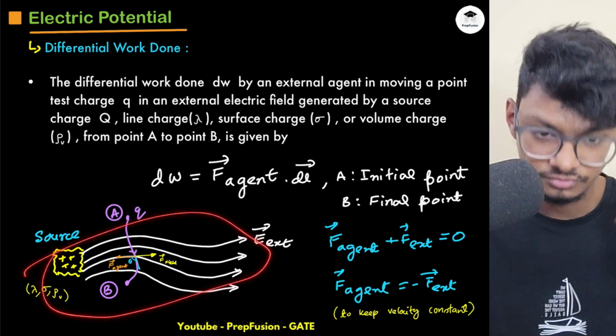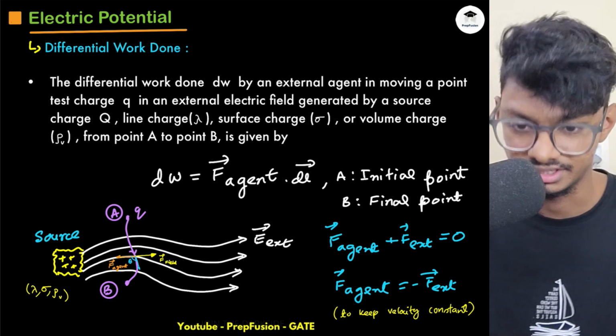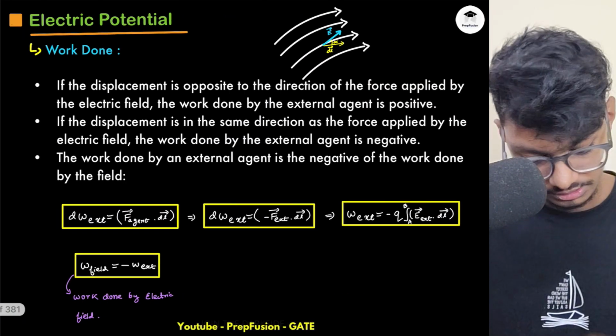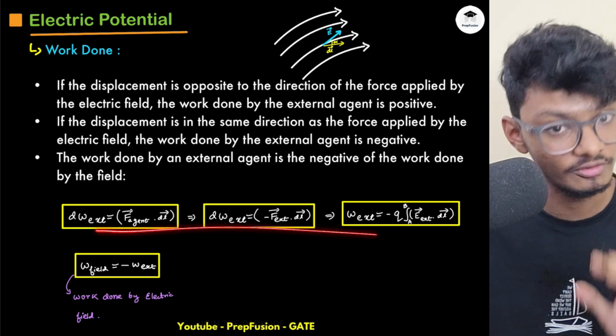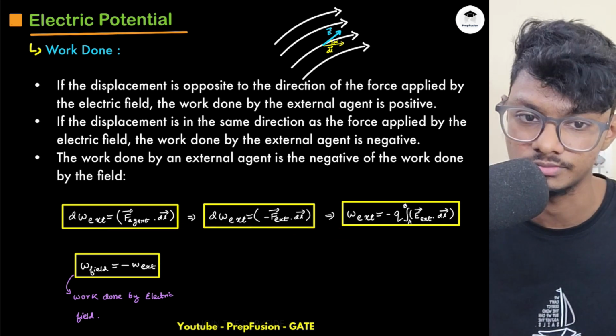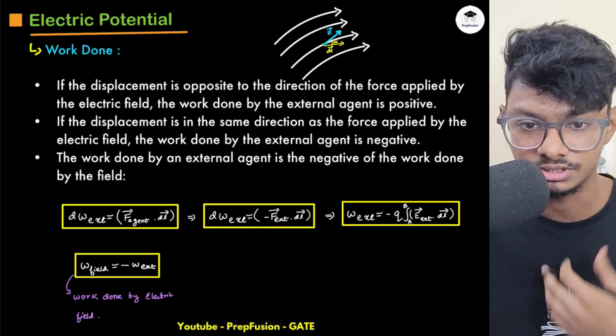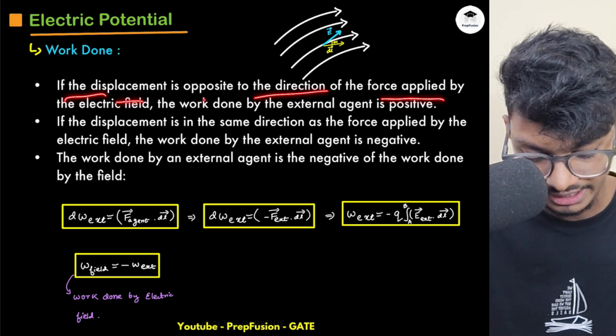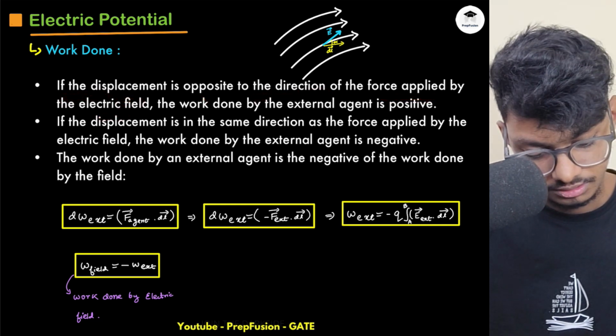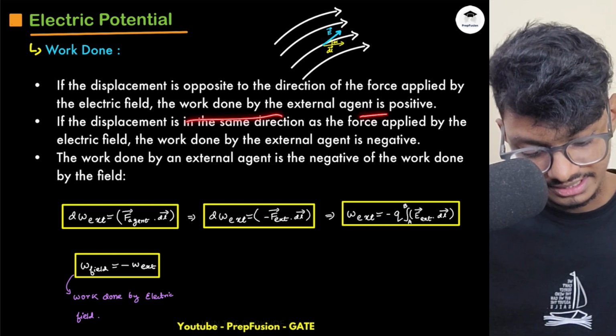Obviously we will derive the electric potential for all these charge distributions, don't worry. So the work done by the external agent can have many forms. So you have to understand all these forms. Don't get scared by all these forms. If the displacement is opposite to the direction of the force applied by the electric field, the work done by the external agent is positive.